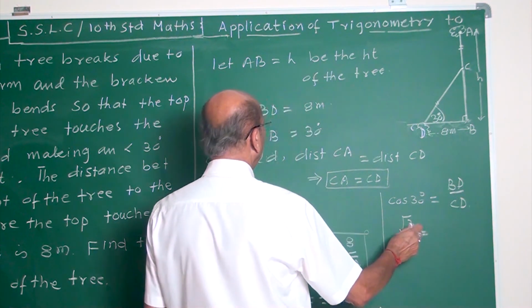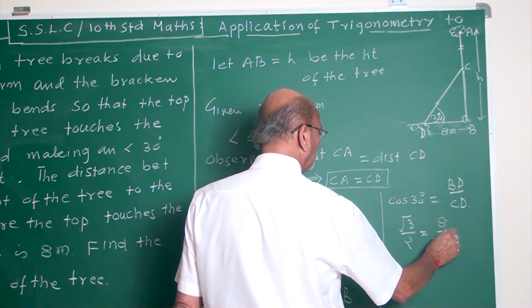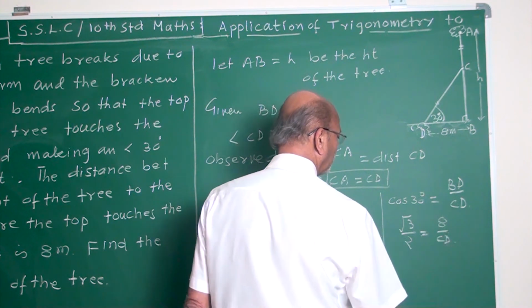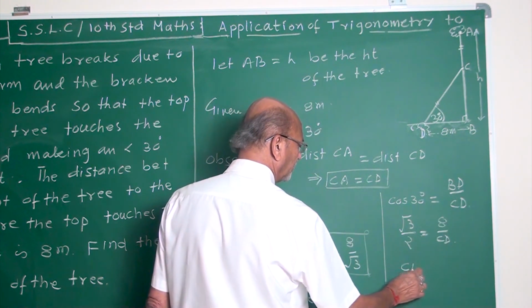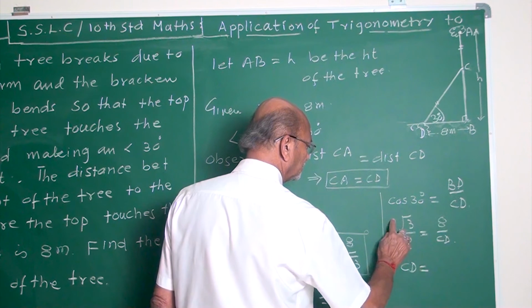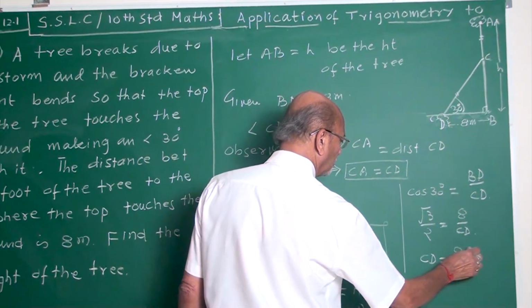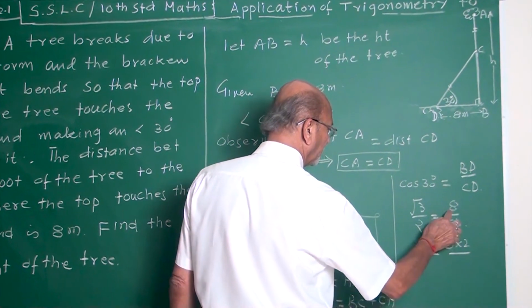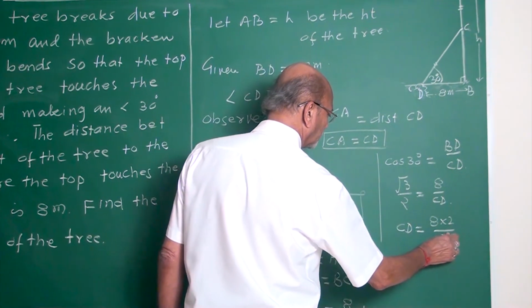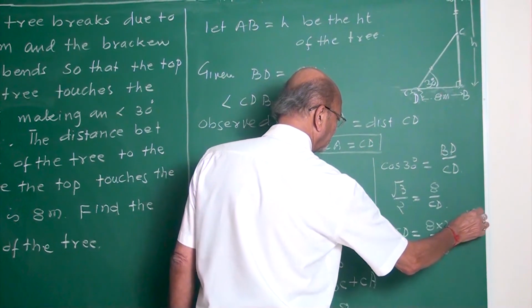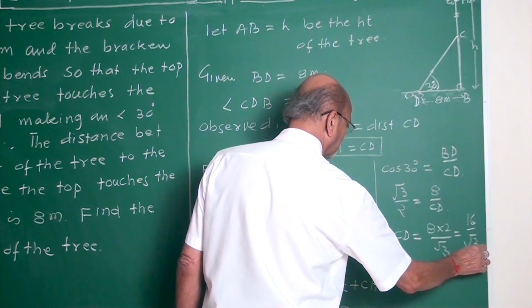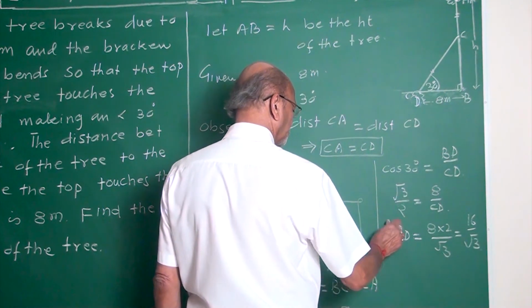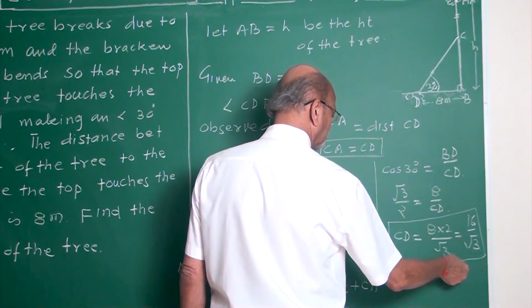What is BD? It is 8 upon CD. Therefore, what is CD, my friends? CD is 8 into 2 upon root 3, which is 16 upon root 3. Yes, this is CD.